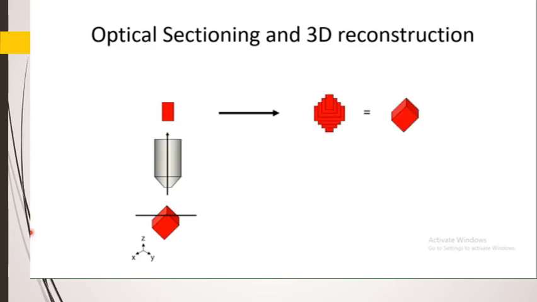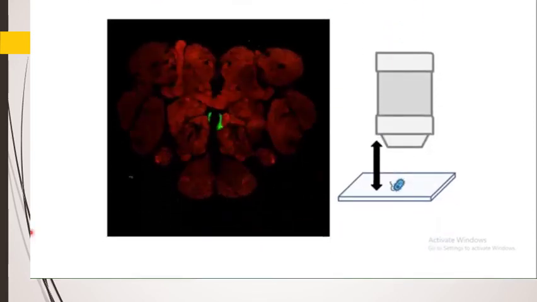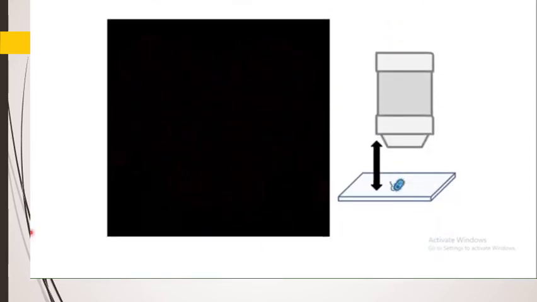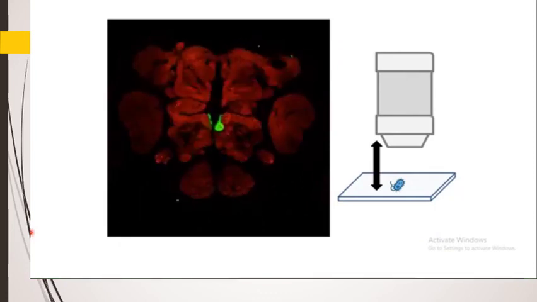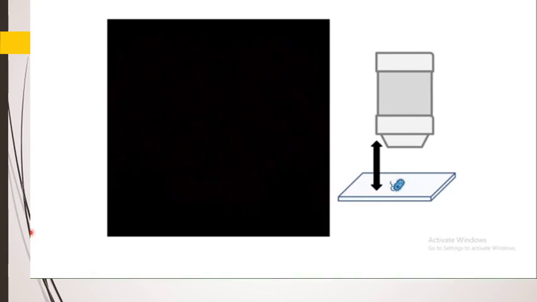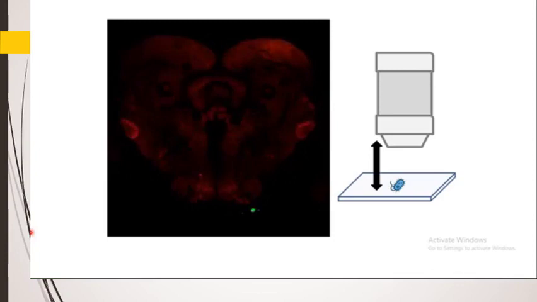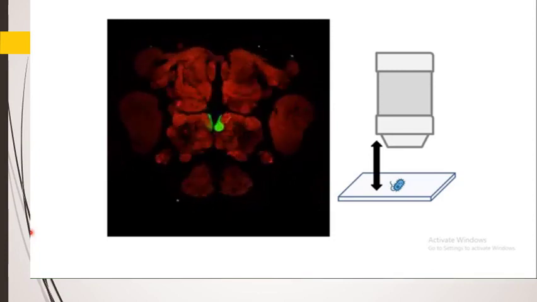Now if I give you an example, it would be way clearer. So you can see here the objective is moving up and down, or the stage is moving up and down. Main point is the distance between the objective and the stage is changing, and thereby you are going through the image plane.